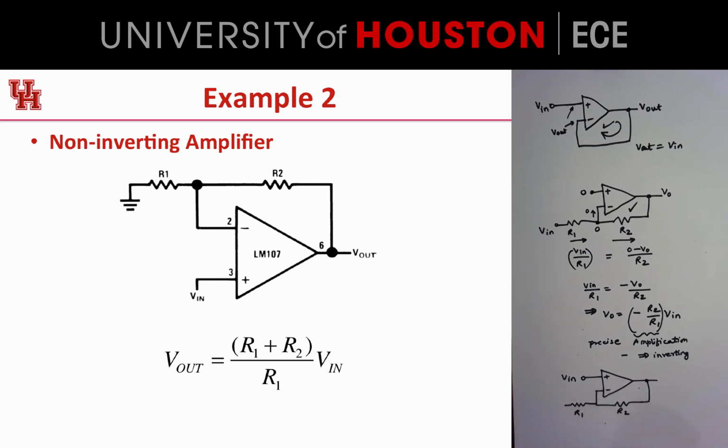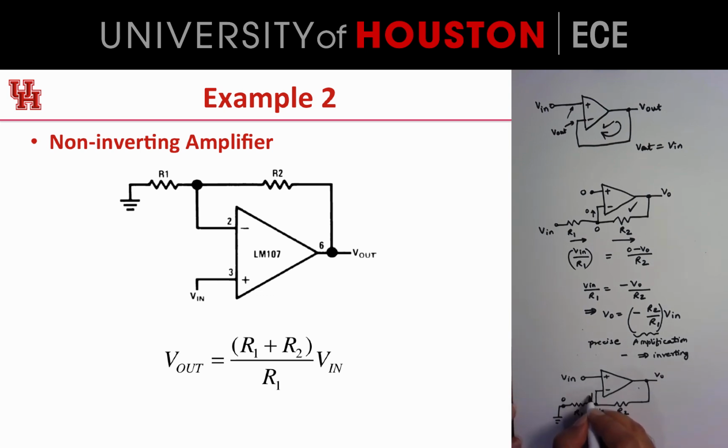But in this case, what I do is that I set this guy to ground. That means this voltage is 0. Now we know that this voltage is the input. So that means that this voltage is also equal to the V input. And this voltage is equal to the V output.